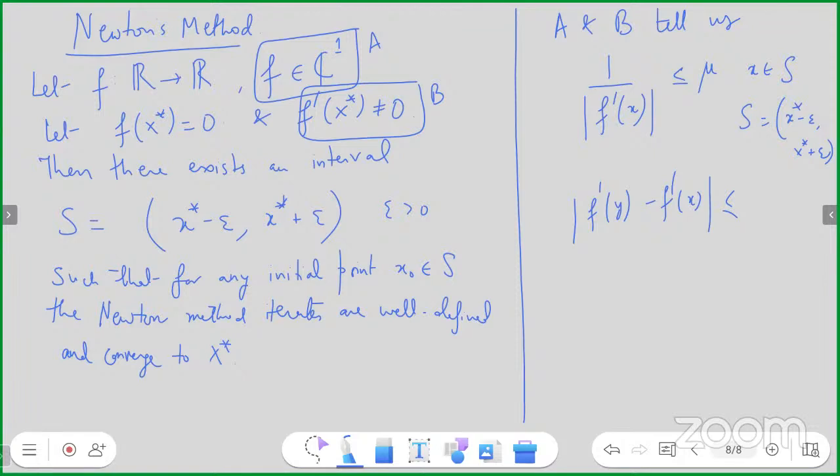What can you say for an x and y belonging to S? Less than or equal to, can I do this for some alpha less than 1?